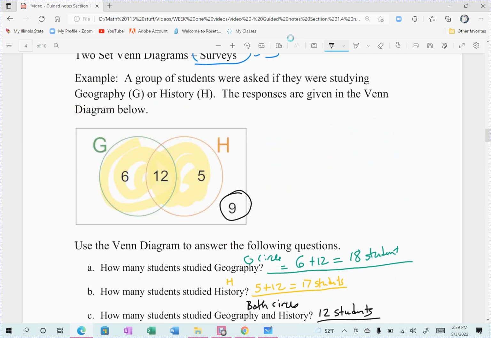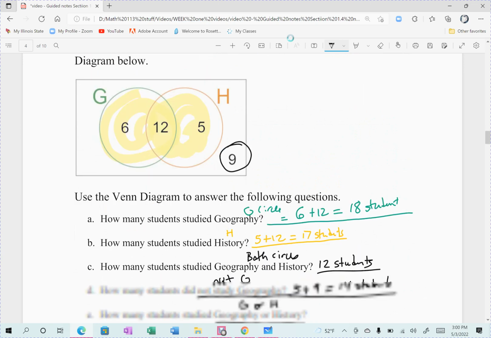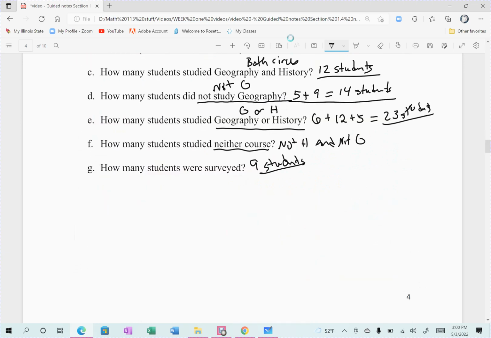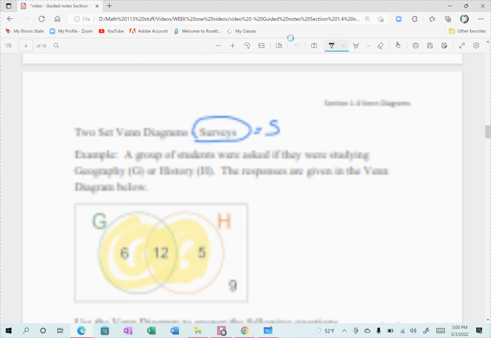All right, the last question. How many students were surveyed? So that goes with that one. This would be our total. Well, then we add all the numbers. All the students. So we go up to our circles and we add all the numbers.